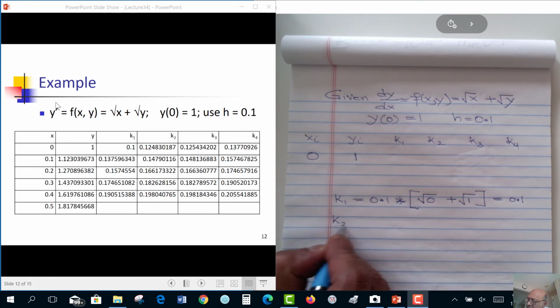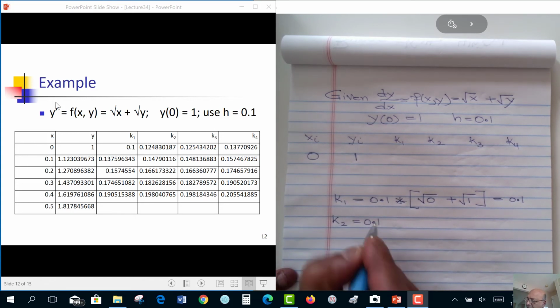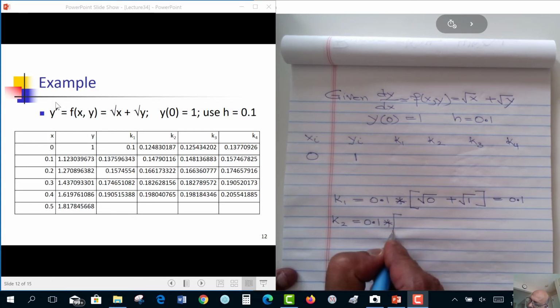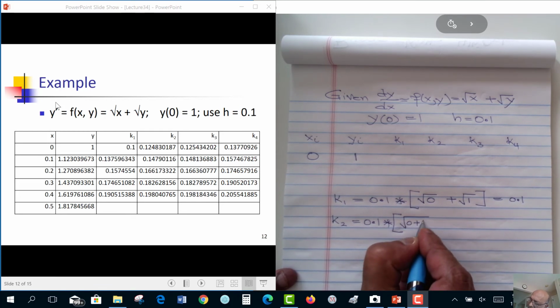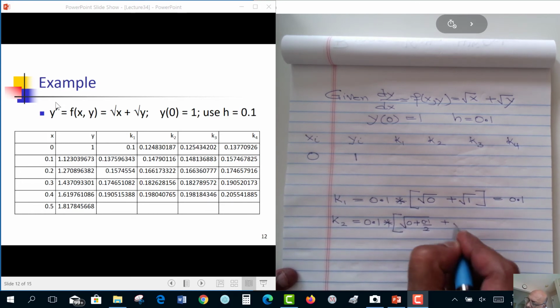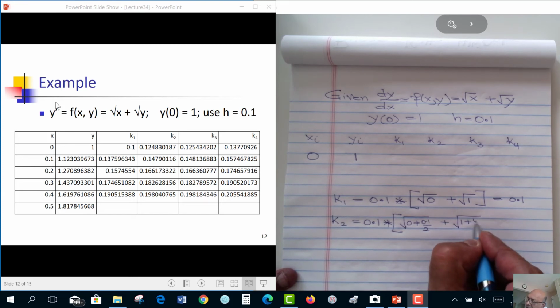Our k2 is h times square root of x, which is 0 plus 0.1 over 2, h over 2, and y is y plus k1 over 2.